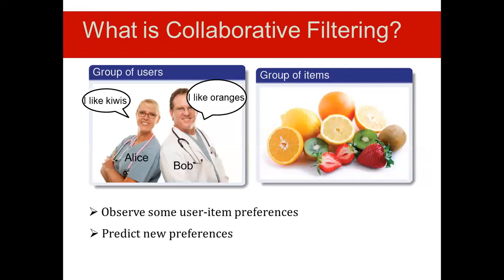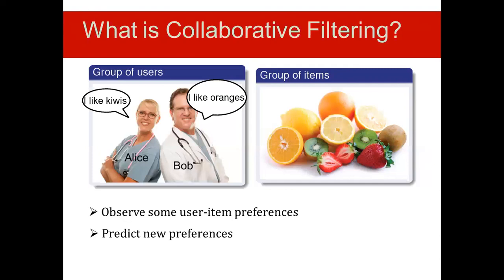In collaborative filtering, we observe a group of users like Alice, Bob, Kevin, and so on. We also observe a group of items, and then we observe the interaction between users and items. For example, Alice may say, I like kiwis, and Bob may say, I like oranges.